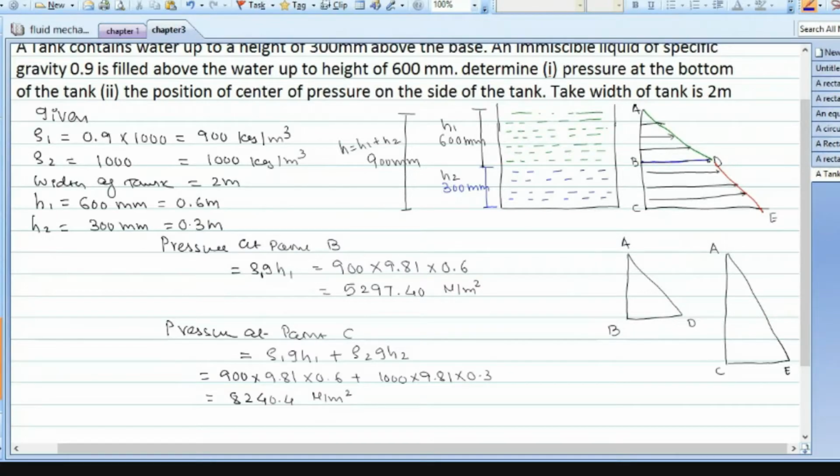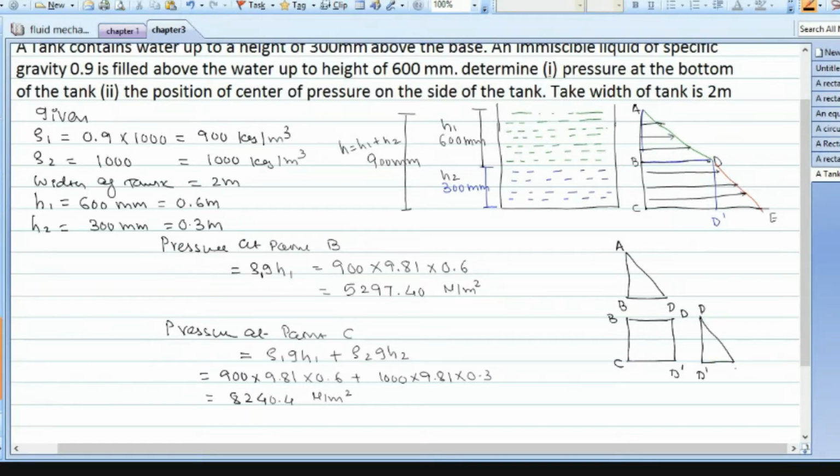The first part is this triangle D, B, A. Second we take this square, taking the projection of point D, that is D dash, and we get this diagram. So we have three: the triangle D, B, A, then one square D dash, D, B and C, and the triangle D, D dash and E.